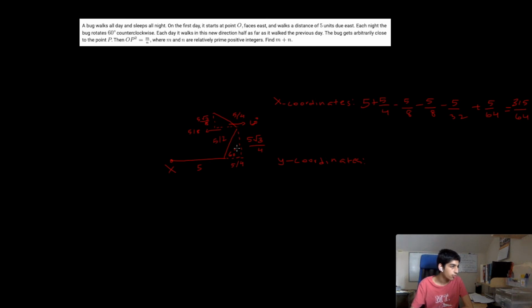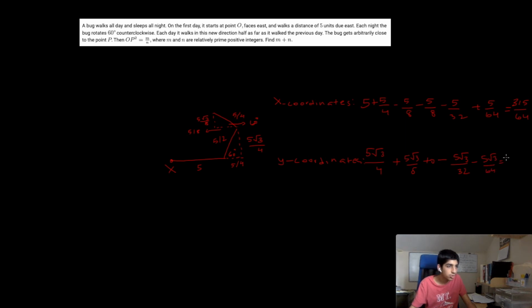Now let's move on to the y coordinates. So we first have this 5√3/4. And then we have our 5√3/8. And then if you keep doing the process, you get plus 0, minus 5√3/32, minus 5√3/64.